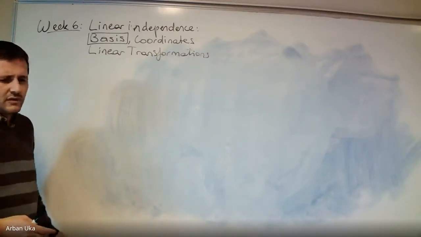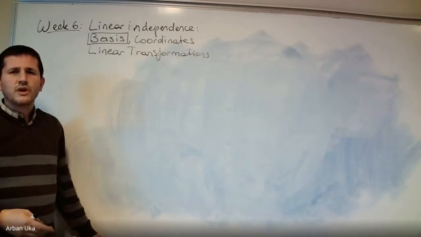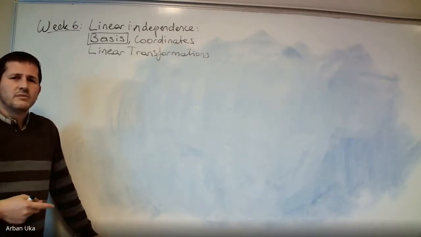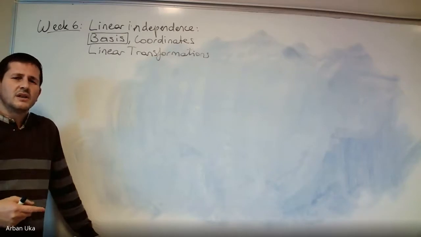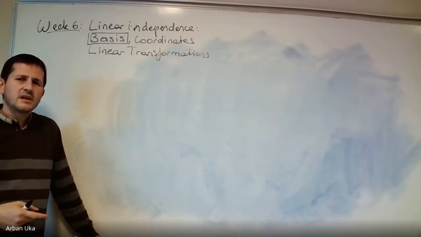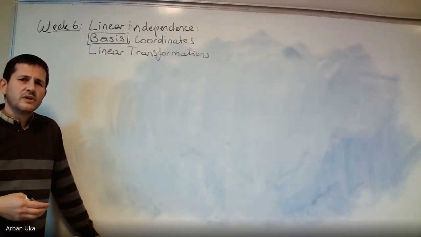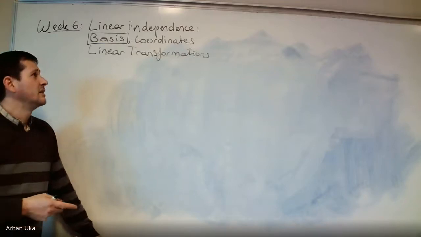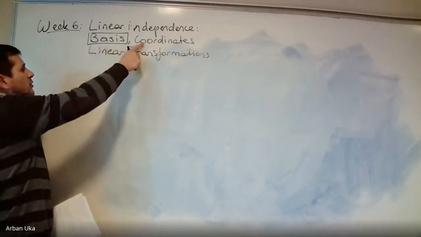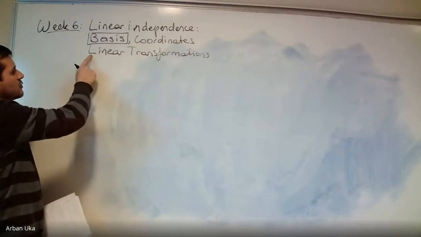In a couple of weeks, very soon, we're going to understand in more detail what I mean by trying to find a basis that gives a better representation of the data that we have in hand. After the basis, we're going to talk today about coordinates.